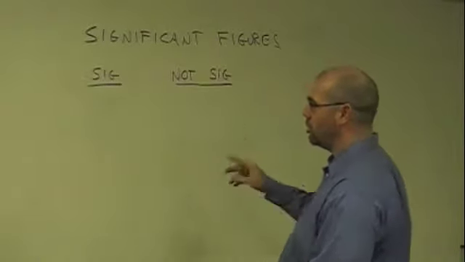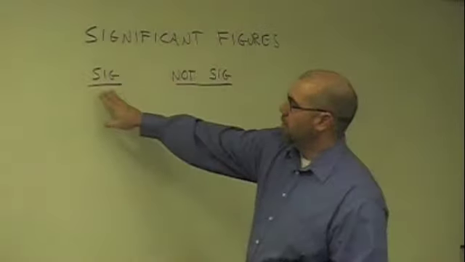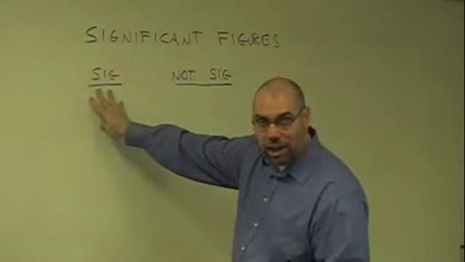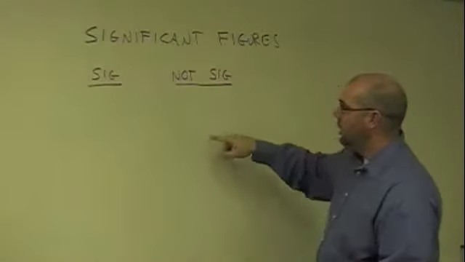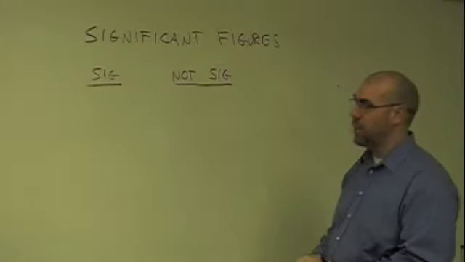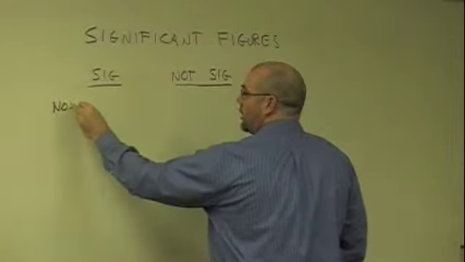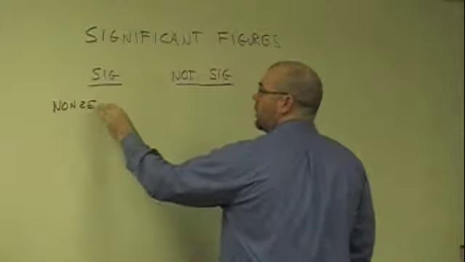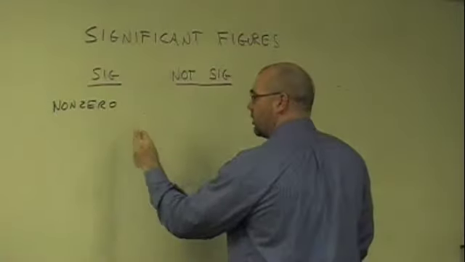Okay, rules for significant figures. There are some things that tell us that number is significant, and then there are times where it screams, no, it's not significant. So let's make that list. Any non-zero number that shows up in a number is considered significant.